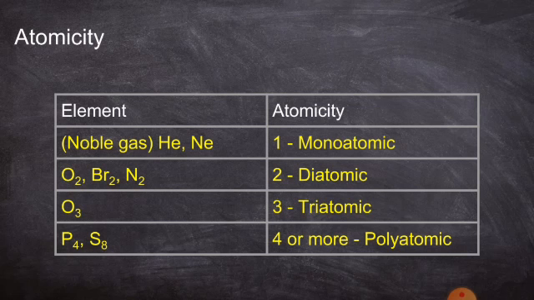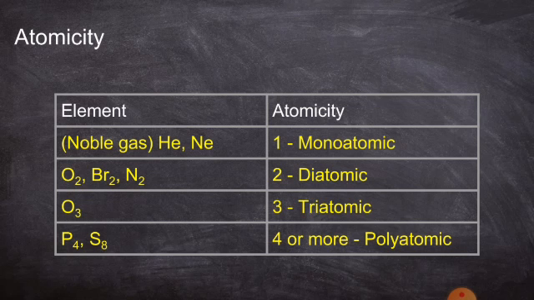So what is atomicity? The number of atoms present in a molecule is said to be atomicity. So noble gases are always monoatomic. The atomicity of a noble gas is 1, because it does not react with any element. Then oxygen, bromine, nitrogen, here the number of atoms involved is 2.